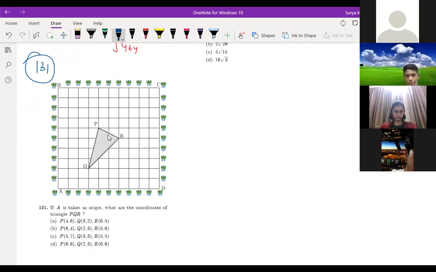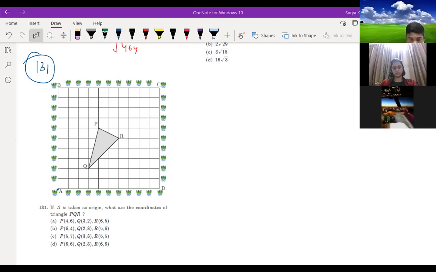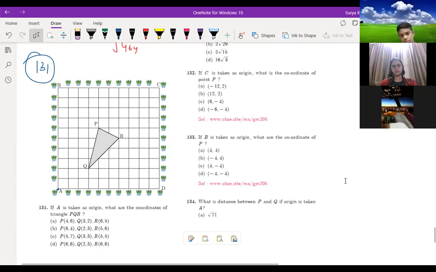You just check for the option. Option A. Option A is correct, sir. Option A is correct. Now see from 132 to 134.